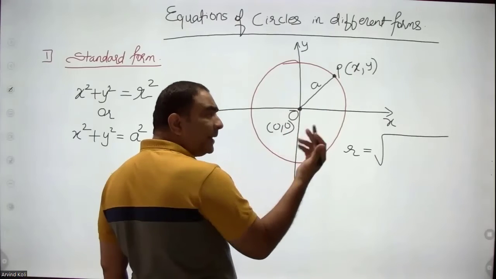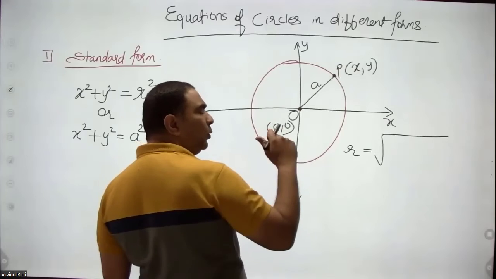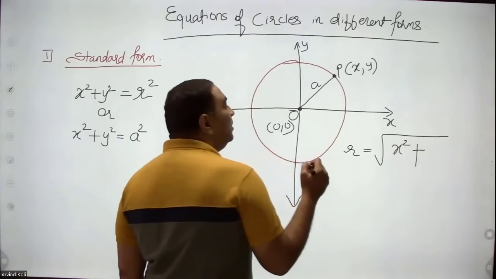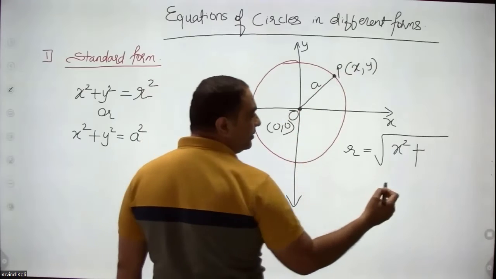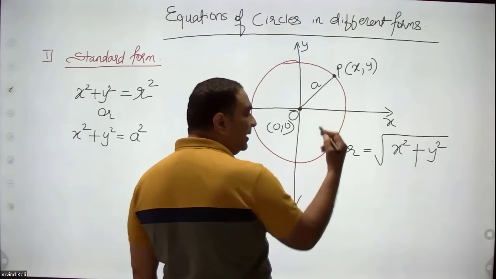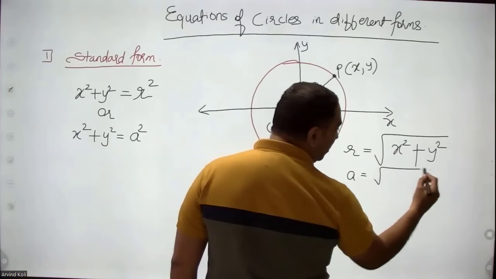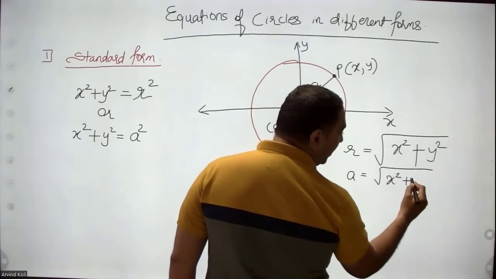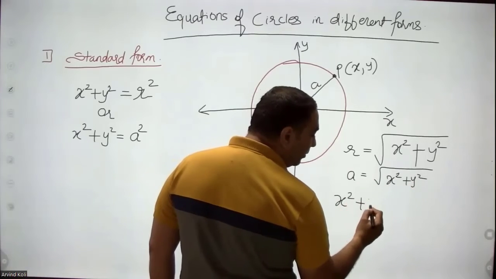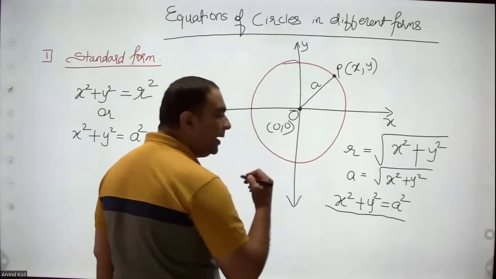Difference of x coordinate का square यानी कि x minus 0 the whole square is x square. Y minus 0 the whole square gives us y square. Radius of the circle is a. So a is equals to under root of x square plus y square. Squaring both the side, we get x square plus y square is equal to a square.